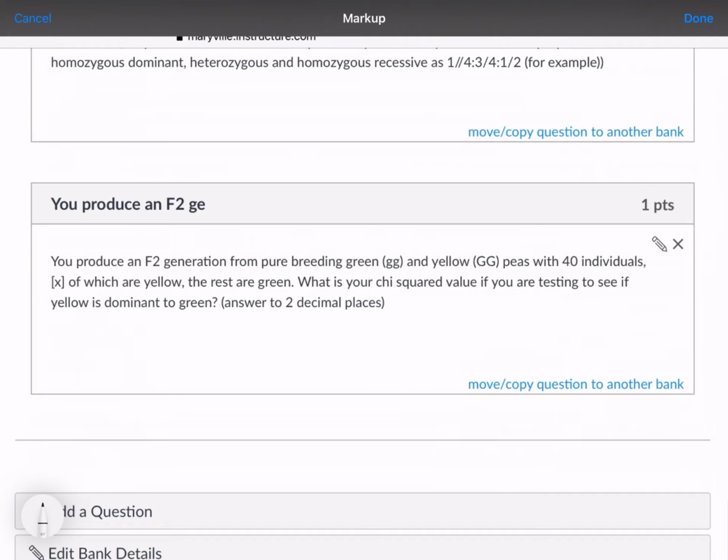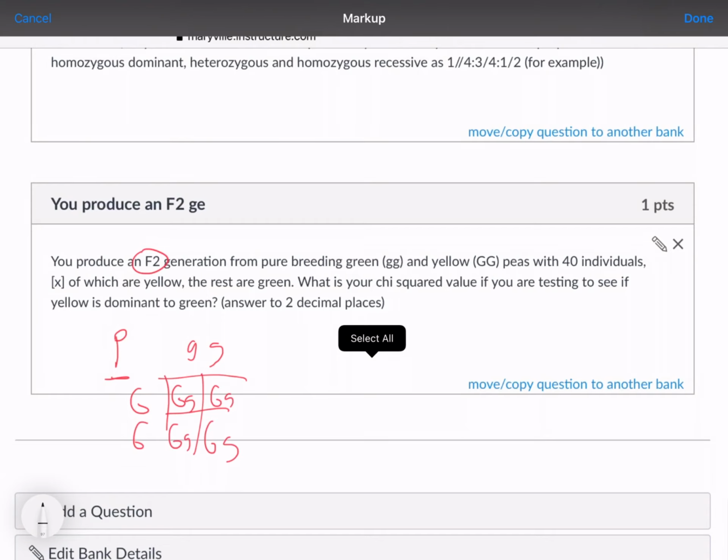And in our last problem, we're doing a chi-squared test. So we're only going to do a monohybrid cross to keep things simple, but the same rules would apply if we were doing multiple genes. So for this particular problem, it's asking us what our chi-squared value would be in our F2 generation, and it's giving us our parental generation, which means that we first have to generate our F1 before we can generate our F2.